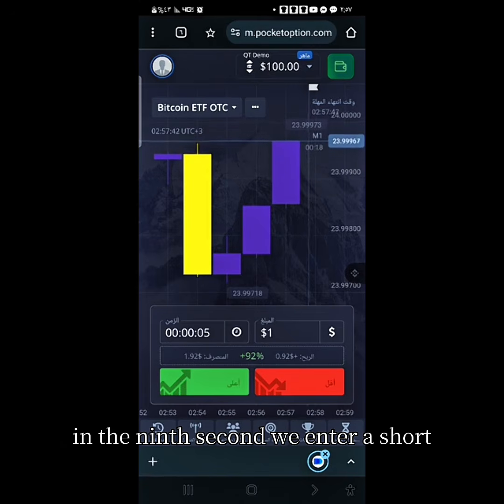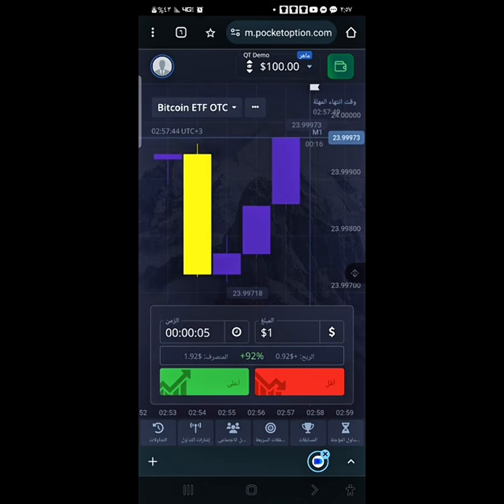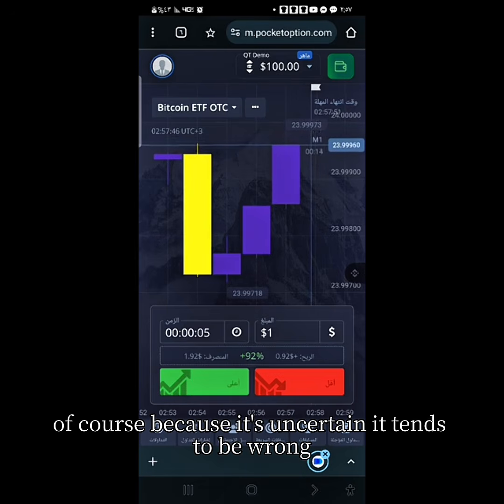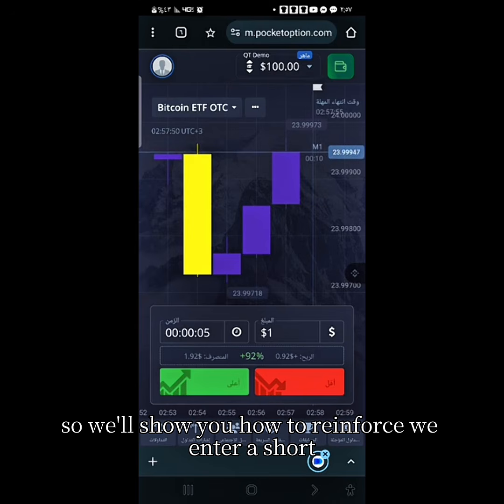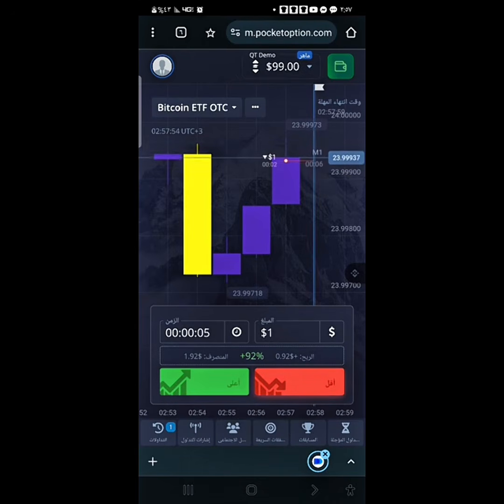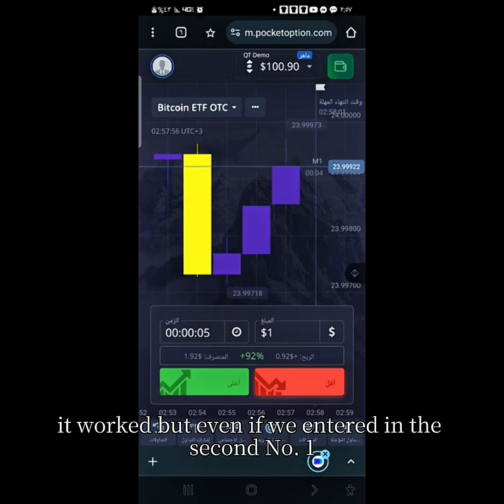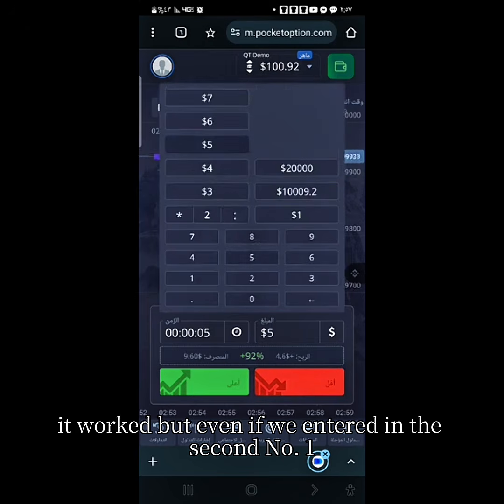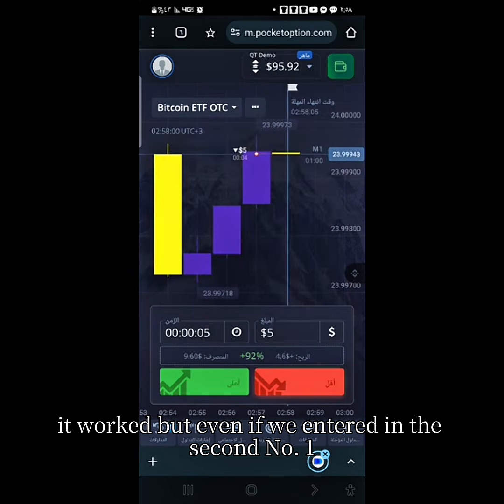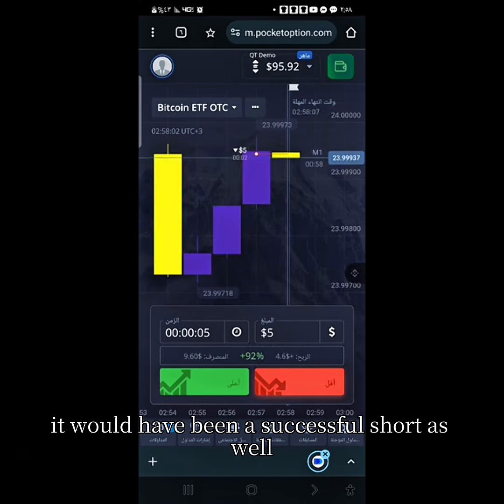In the 9th second, we enter a short. Of course, because it's uncertain, it tends to be wrong. So we'll show you how to reinforce. We enter a short. It worked, but even if we entered in the second number 1, it would have been a successful short as well.